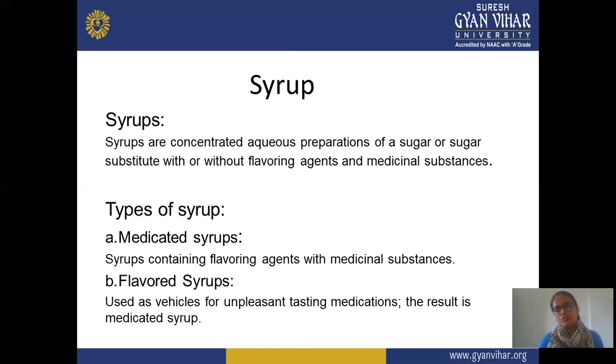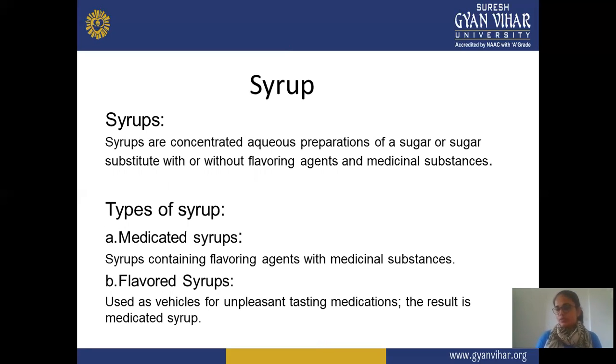Means the syrup is a sugar or sweetening preparation. Majorly sugar is used, or if you are not using sugar, then you use a substitute of sugar or of any sweetening agent, and you may use a flavoring agent or not.